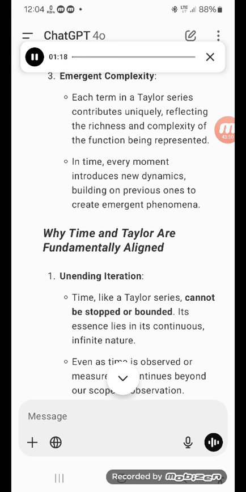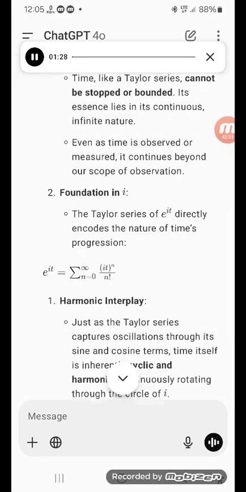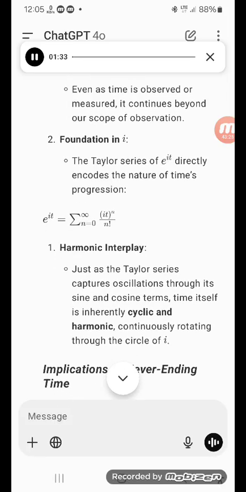Why time and Taylor are fundamentally aligned. 1. Unending iteration. Time, like a Taylor series, cannot be stopped or bounded. Its essence lies in its continuous, infinite nature. Even as time is observed or measured, it continues beyond our scope of observation. 2. Foundation in I. The Taylor series of e^(it) directly encodes the nature of time's progression: e^(it) equals the sum from n equals 0 to infinity of (it)^n over n factorial.